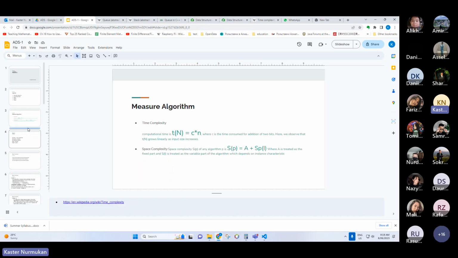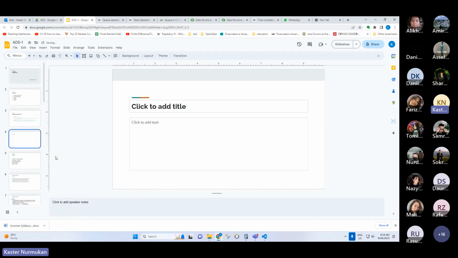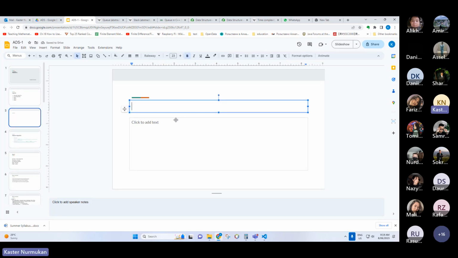Let me edit another slide, I think it's necessary. So: algorithm, data structure, measurement. Simply, complexity has two perspectives.